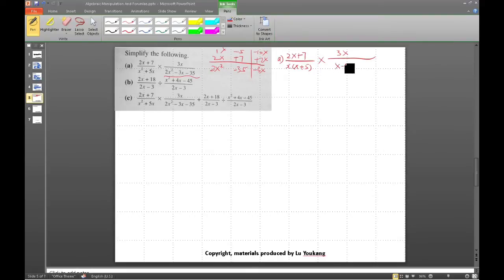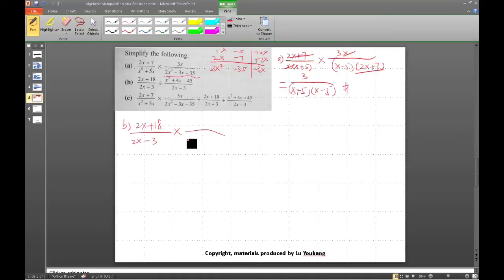Therefore, I have bracket x minus 5 and bracket 2x plus 7, and you can cancel 2x plus 7 top and bottom, plus you can cancel the x. Therefore you are left with 3 over bracket x plus 5 bracket x minus 5. You are not supposed to expand it because the question asks you to simplify.